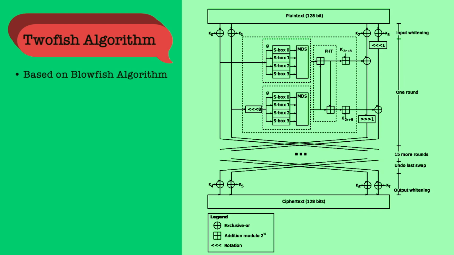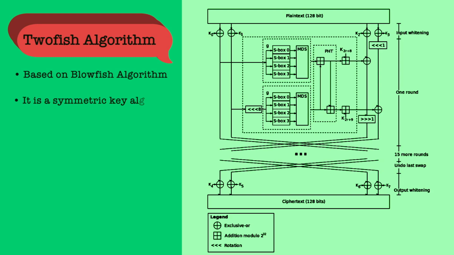Blowfish came into the limelight after the US Department had a competition on advanced encryption standards, and Blowfish was one of the 5 finalists in that competition. Though Blowfish was not selected, and the other algorithm, Rijndael, was selected, it gained much popularity and a second version of Blowfish was formed, which is called the Twofish algorithm.